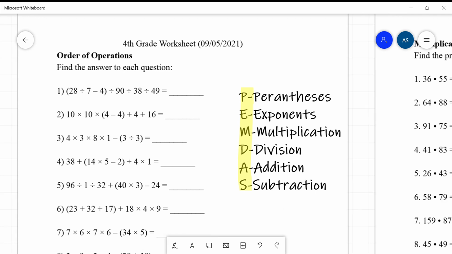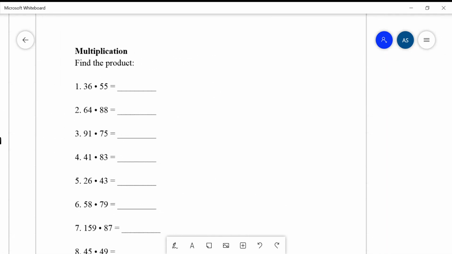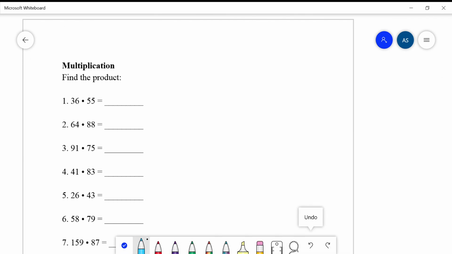So let's move on to our next page, where we have multiplication. For our multiplication, you just gotta remember that we're lining up the numbers. So you can write it this way, but it is a lot easier to solve the problem if you write it 36 times 55, like this, right?